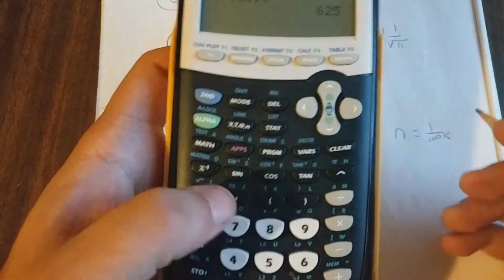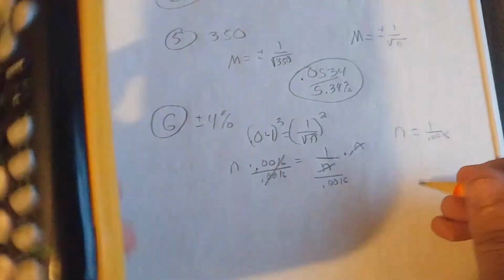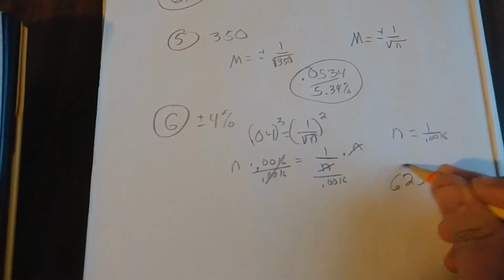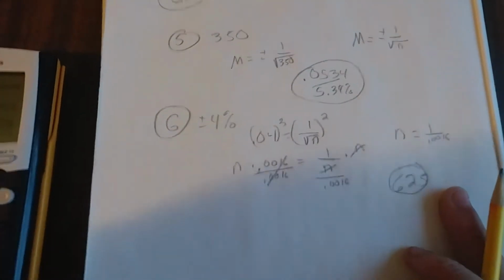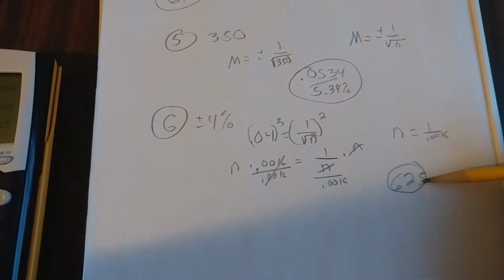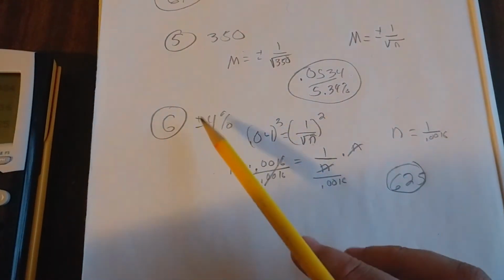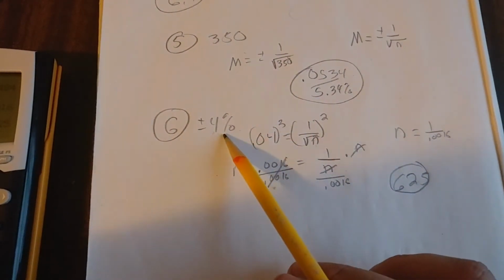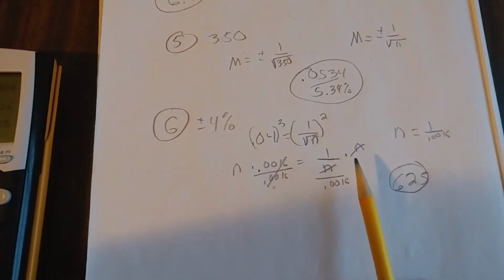Enter. You're going to get some whole number, in this case 625. What is that saying? That's saying you need 625 survey samples so that your margin of error will be as low as 4%. So you need at least this many people to reduce your margin of error to 4%.